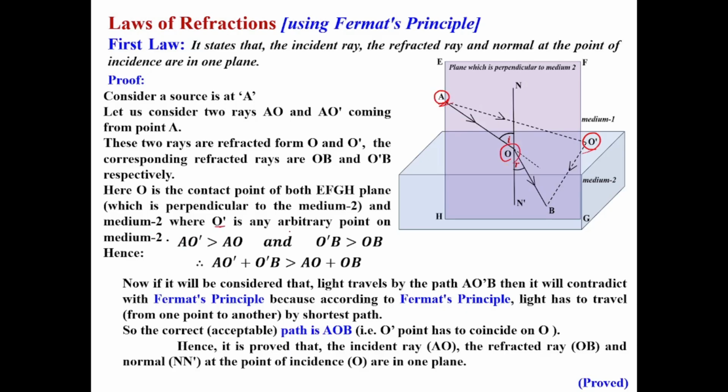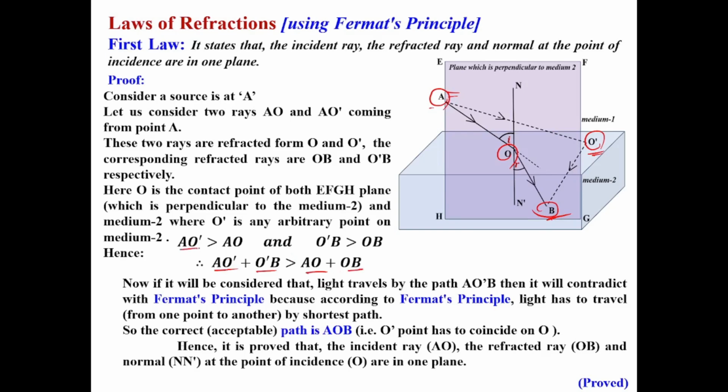So if O dash is any arbitrary point on medium 2, obviously AO dash will be greater than AO, and O dash to B will be greater than OB. So the total path, one path is AOB, another path is AO dash B. Here AO dash B is nothing but AO dash plus O dash B, and AOB is nothing but AO plus OB.